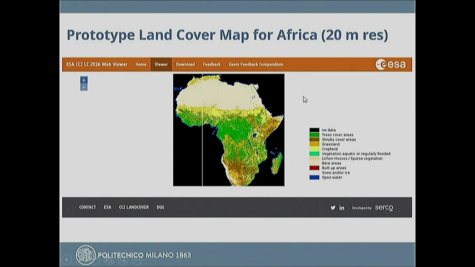You see that the main difference is that in this case we are considering fewer classes. Specifically, we are considering only 10 classes for this product at 20-meter resolution. So less detail with respect to the categories, but a better detail with respect to the spatial resolution. This map is only available at the moment for 2016.